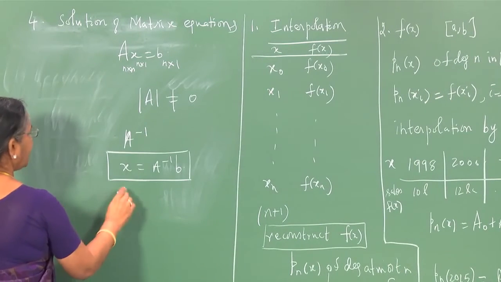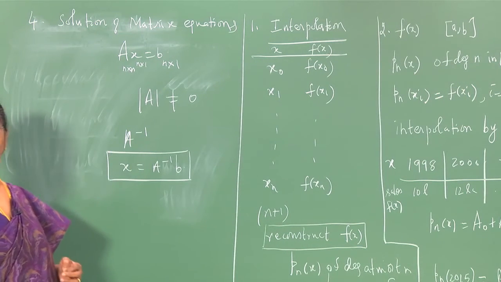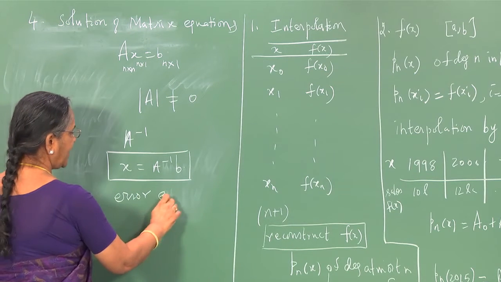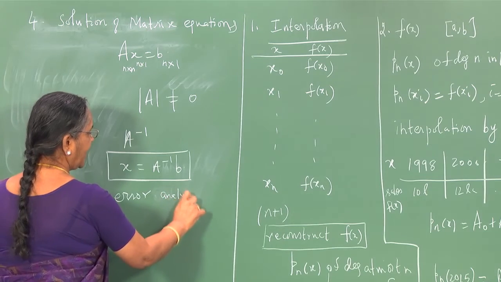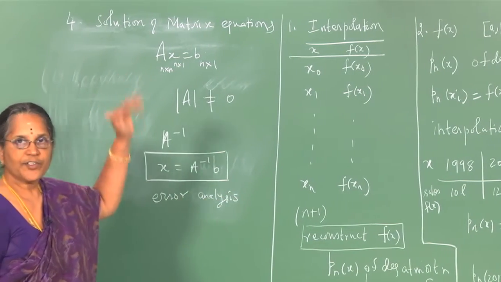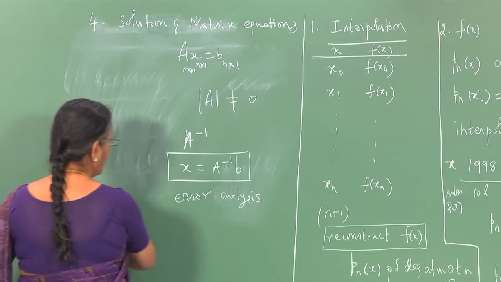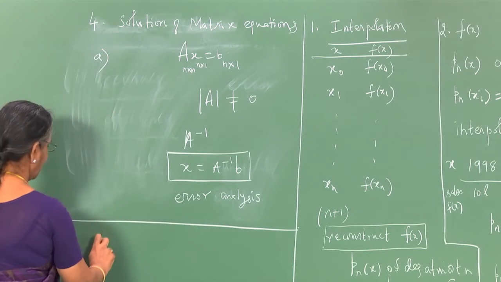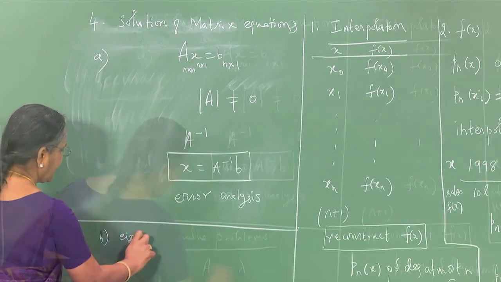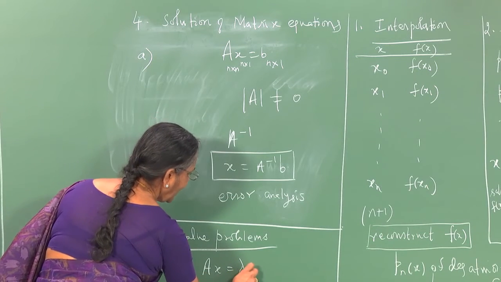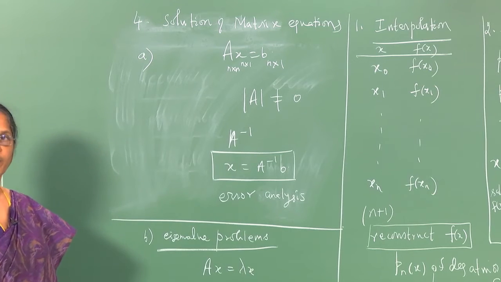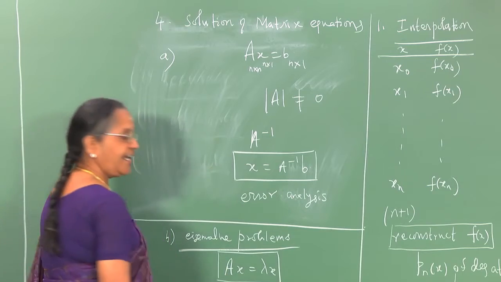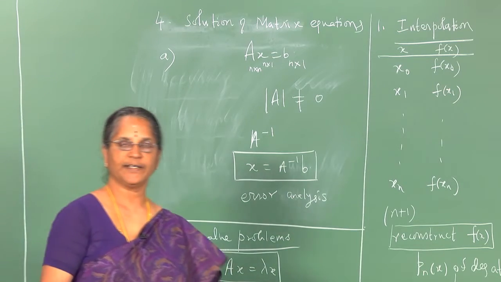As I said earlier, because we are numerically obtaining the solutions of these matrix equations, error will be incurred at each step, and we will be focusing on the error analysis in this topic also. And once we do this, then we also consider in this section the eigenvalue problems. We would be determining a scalar lambda and a non-zero vector x such that this matrix equation Ax is equal to lambda x is satisfied.